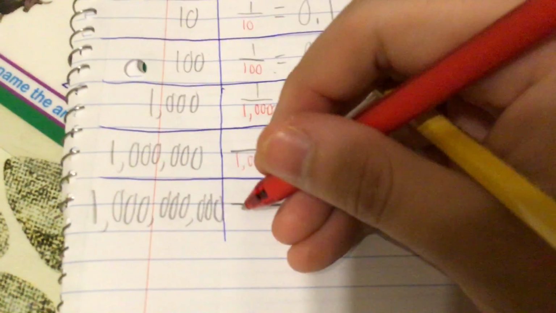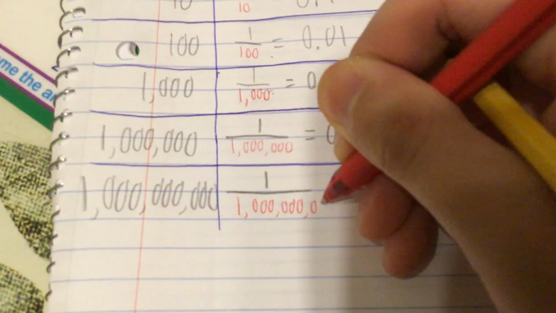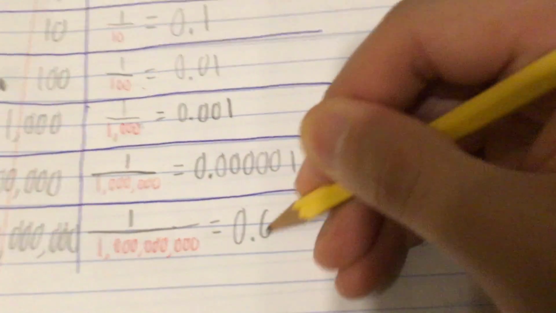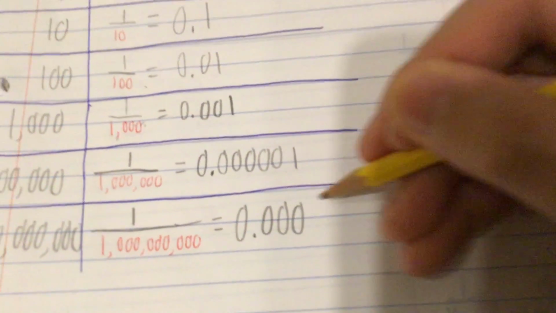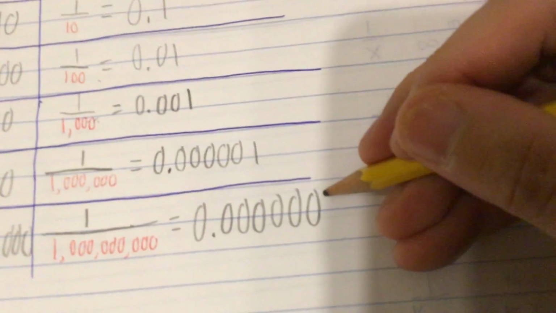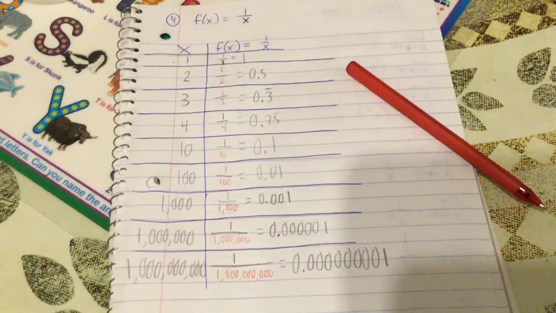If I plug in a billion here, it's going to be ridiculously small. So once again, tenths, hundredths, thousandths, 10,000ths, 100,000ths, millionths, 10 millionths, 100 millionths, billionths. So check this out.